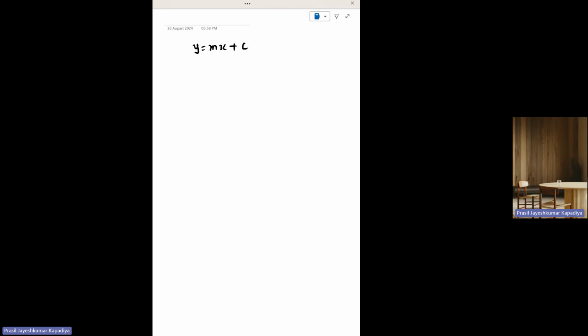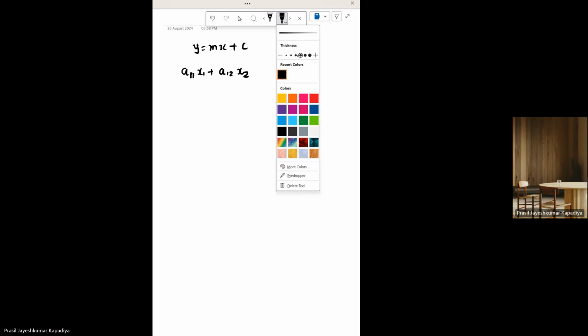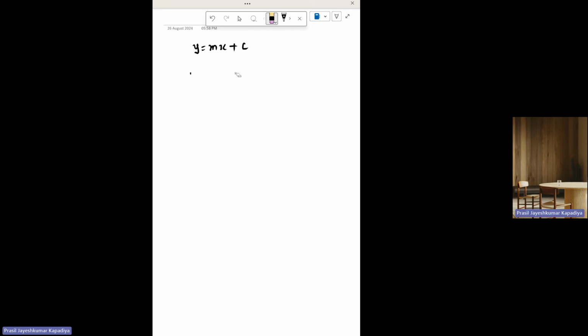So the general form of linear equations is a11 x1 plus a12 x2 plus a13 x3 plus up to so on is equal to b1.